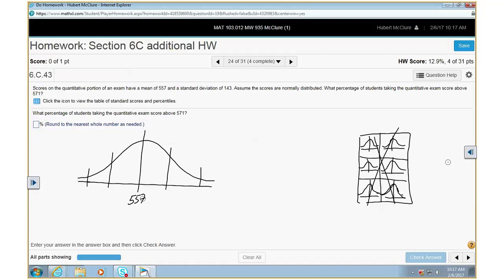557 plus 143. I don't know what it is. Some of y'all brainiacs can do it. What? 700. Okay, everybody say it one time. 700. Is it 700 even? Yes.